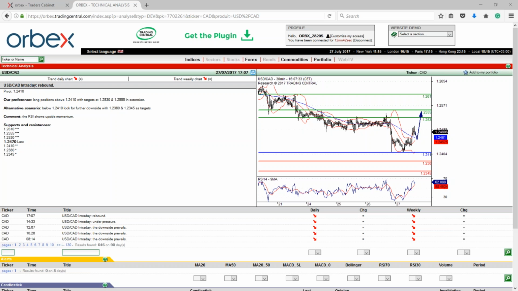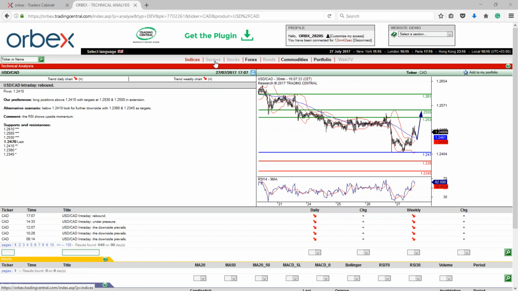Now, of course, you also have the alternative scenario. So you know that there is a level each day, which if crossed means that you need to shift your bias. So hopefully you can see that not only are these signals a fantastic learning tool, but they also give you actual trades to take, or they can be used as a directional guide to help you know which direction that you should be looking to take your trades in.